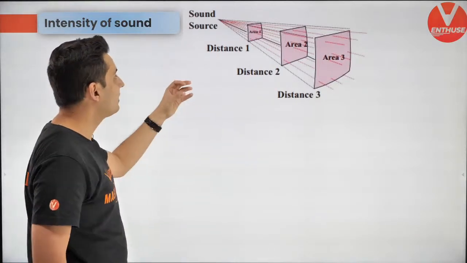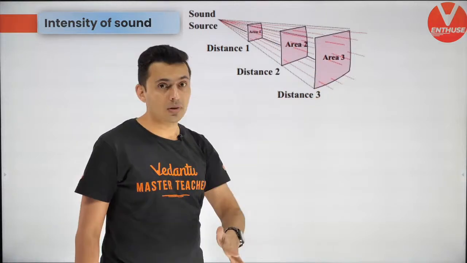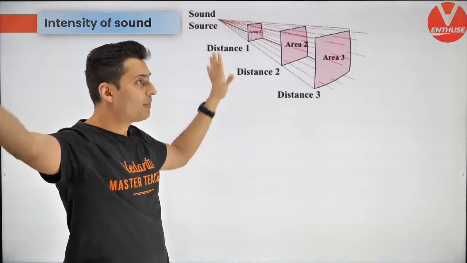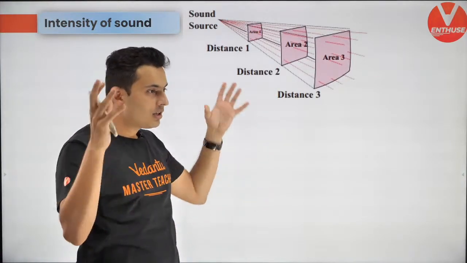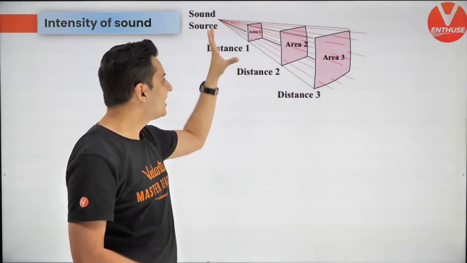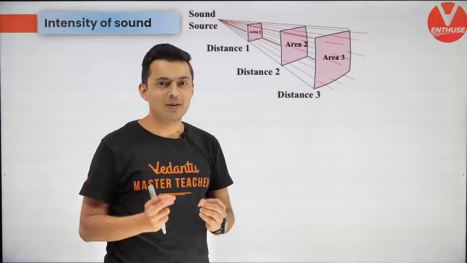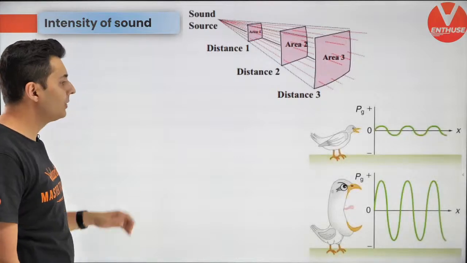That is called intensity. And usually what happens is, when you move away from a source, that same power gets spread on a larger area, because of which the concentration of energy reduces, hence the intensity of the sound also reduces. So the sound is fainter. That's why we are more interested in the intensity of the sound.